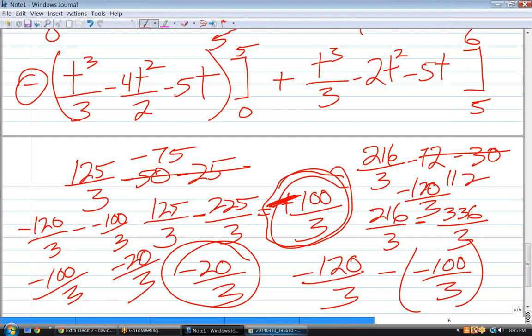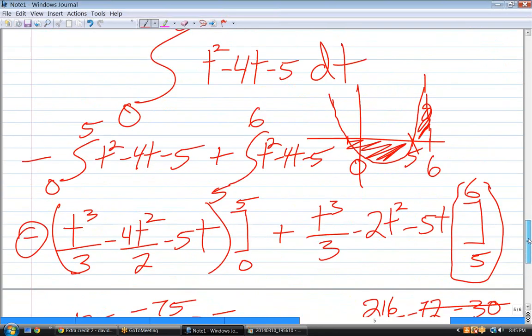But why am I getting 120 and she's getting 110? I'm doing something wrong in my evaluation of this part. This part here must be 10, not 20 thirds. It must be 10 thirds. In fact, it would have to be minus 10 thirds, which is another puzzler.